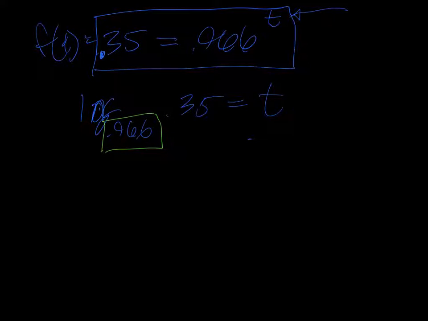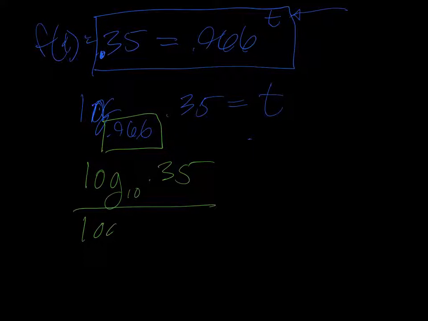But there are two bases in your calculator that are treated very well. And so we're going to use the change of base formula to change this to a log base 10. So we're going to go log base 10 of 0.35 divided by log base 10 of 0.966, the base prior to conversion.